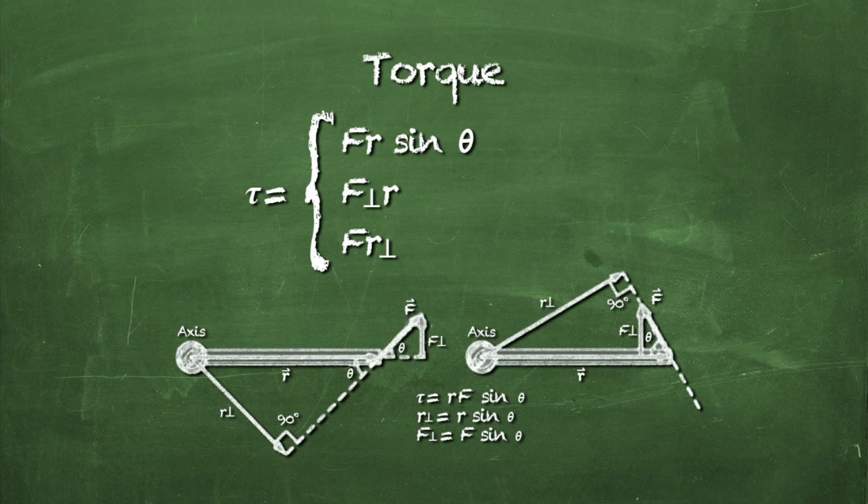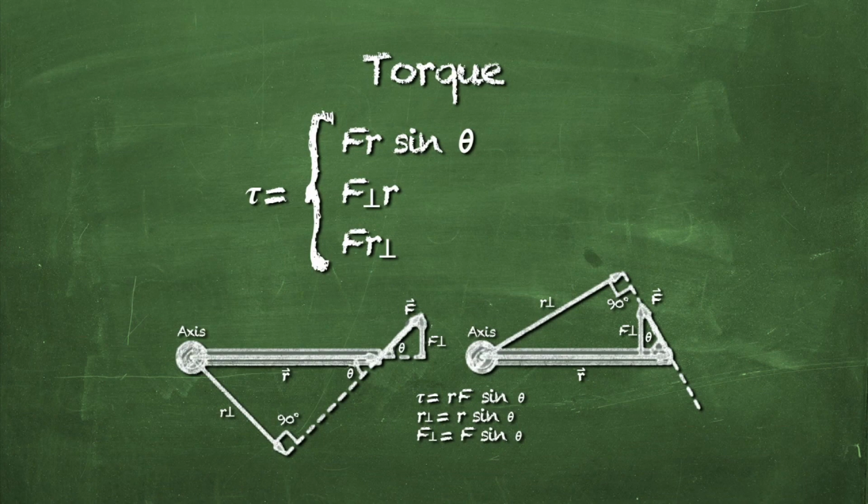Now, why is it sine? Well, if I push directly towards the pivot point, then theta would be 0. Or if I pull away from the pivot point, then theta would be 180, and the sine of 0 and the sine of 180 are both 0.